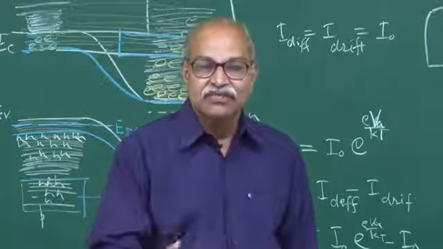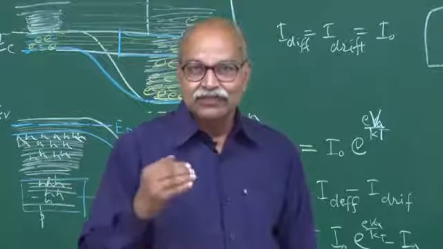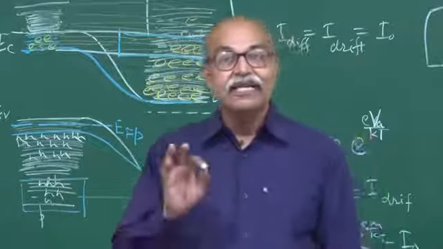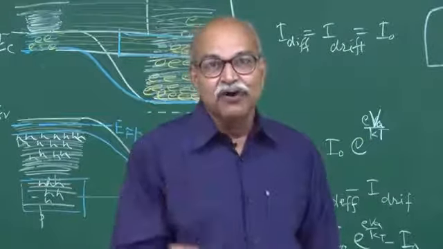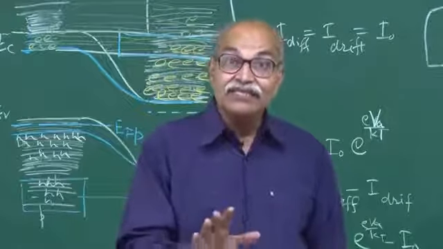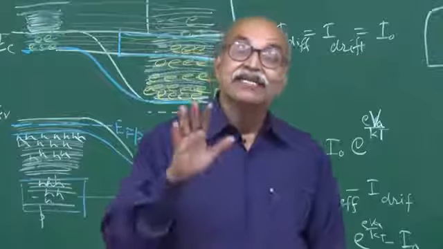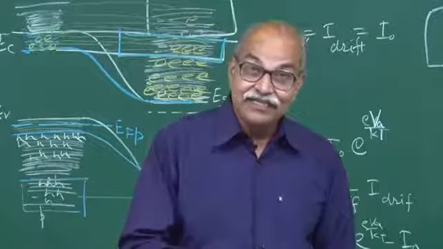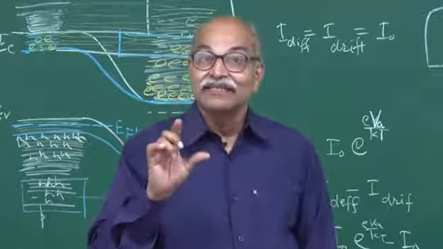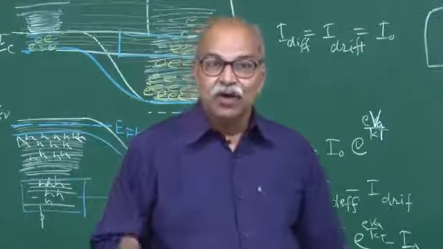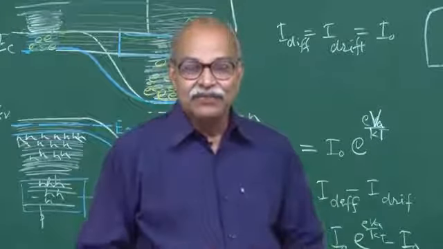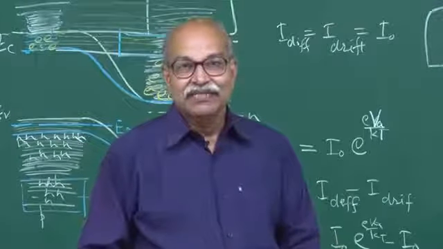All those things are there, but it does give you essentially the relation between current in forward bias and the applied voltage, as long as the applied voltage is much less than the built-in potential in the junction. We will talk more about this equation and how currents go in actual diodes in the next lecture.